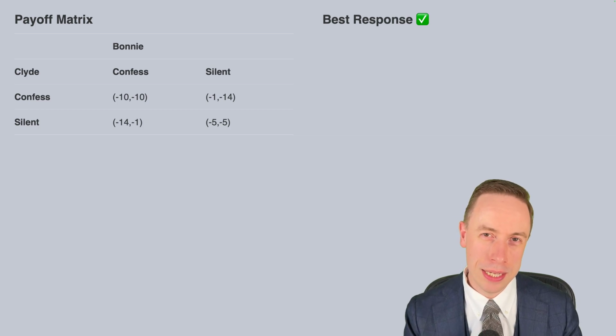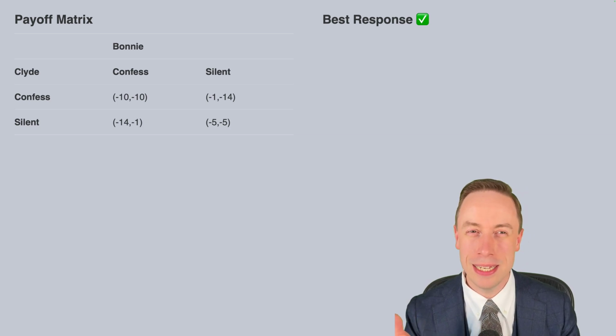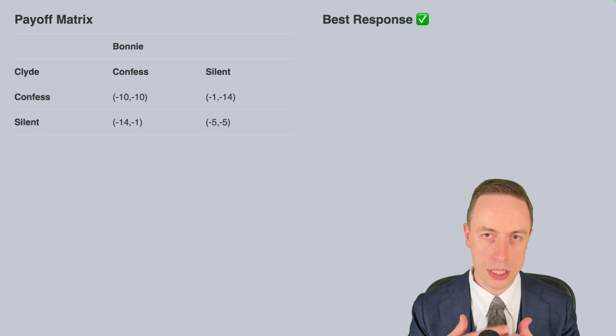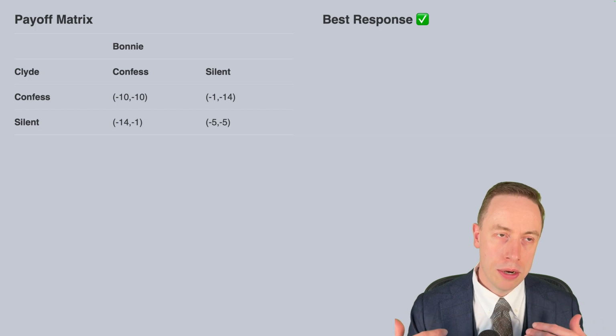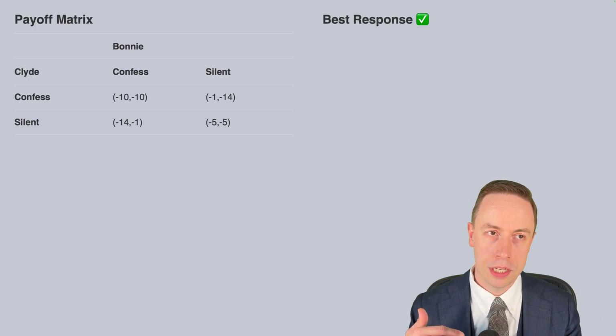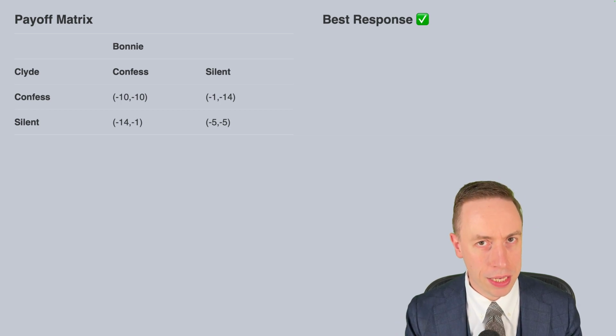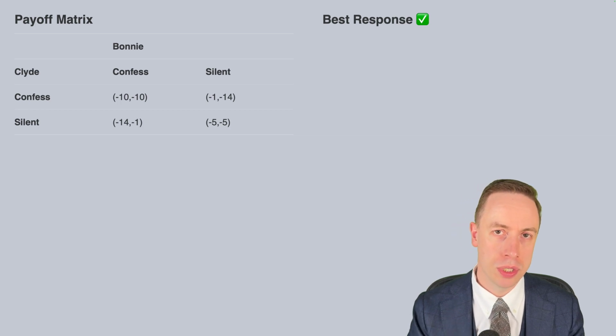There's a little trick here that I was taught when I was in school that I think makes them really easy to find in these payoff matrices. So what we have to do, best response is, we're putting ourselves in the position of one player and then asking ourselves, even though we don't know what the other player is going to do, well, how would I react if I did know? That's best response.